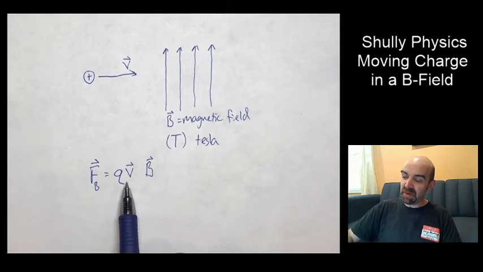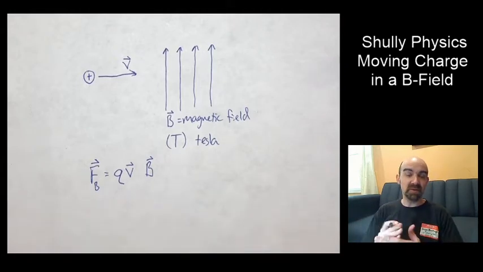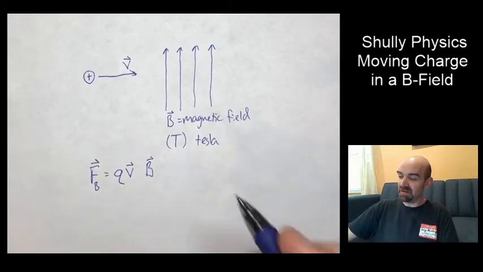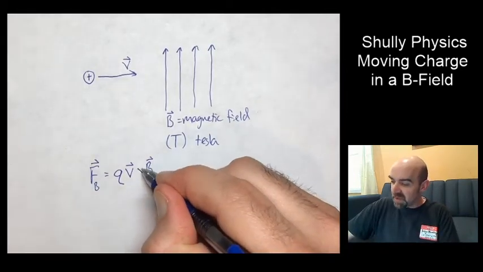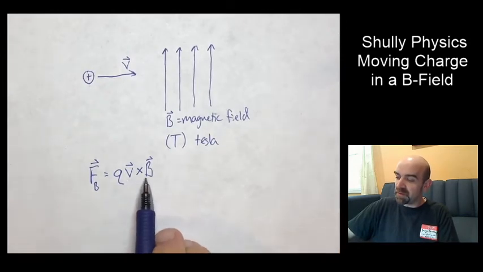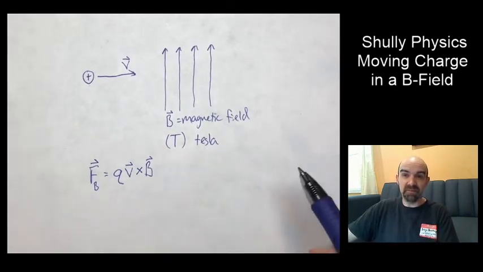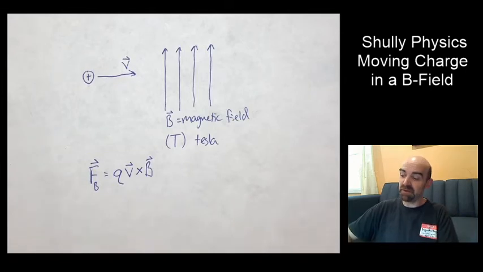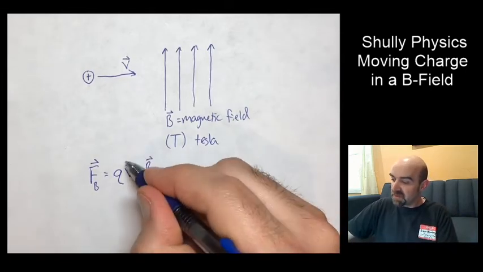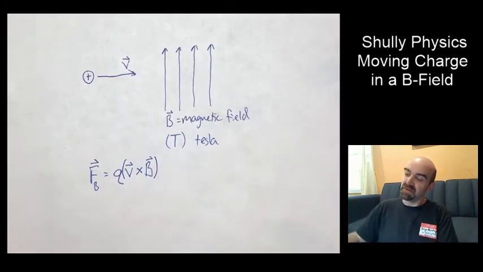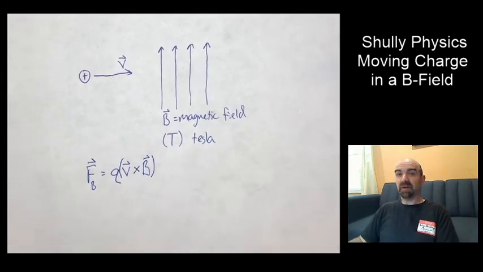So the perpendicular components are non-zero. What we have here is a multiple of two vectors. We have a vector product because it's the perpendicular components that do interact.